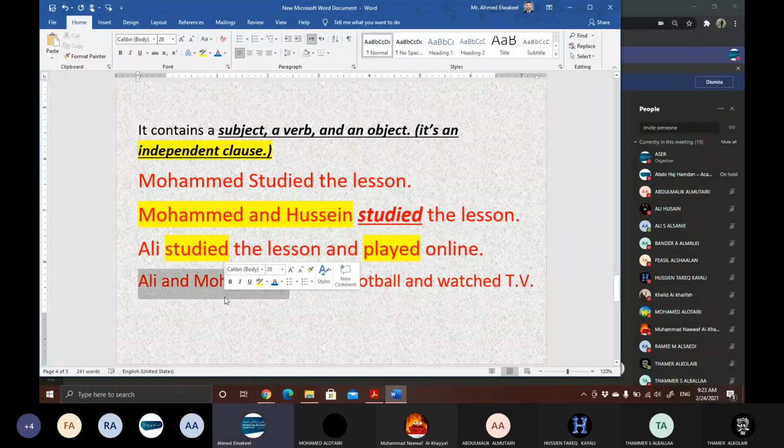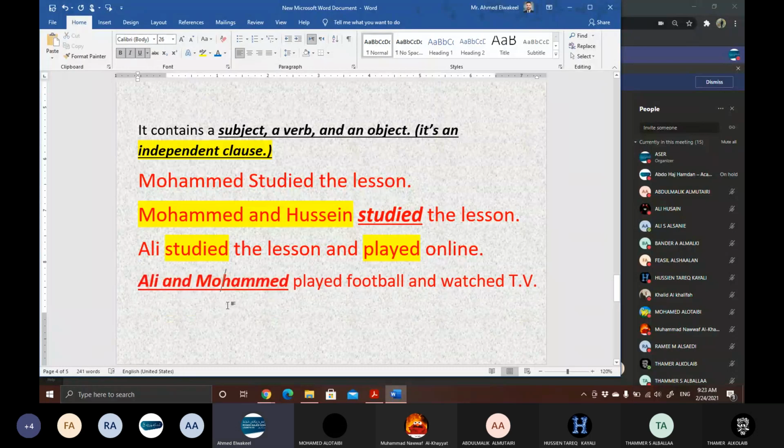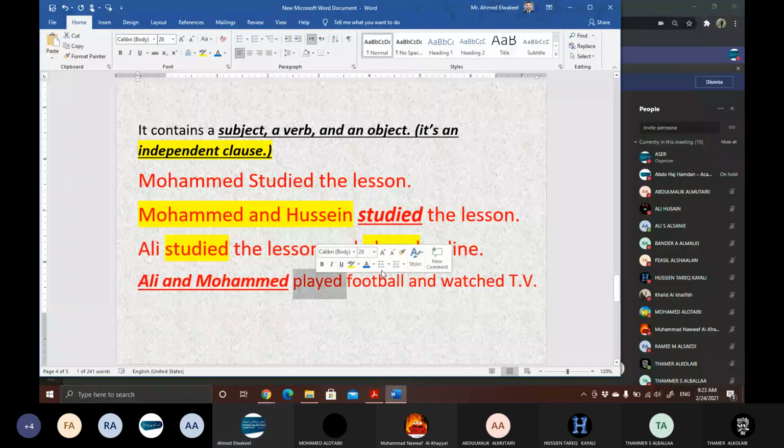In this sentence, you have a compound subject, Ali and Muhammad, and you also have a compound verb, played and watched. So still, the sentence is a simple one.